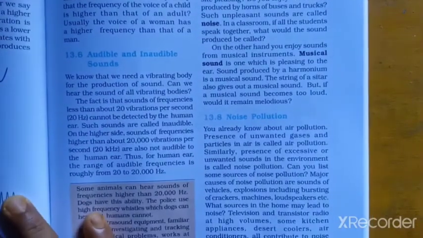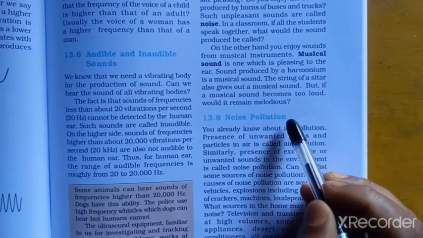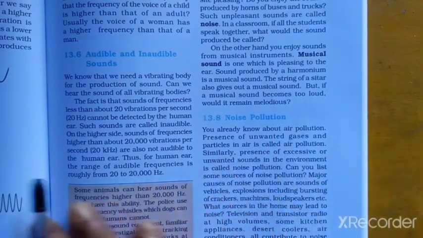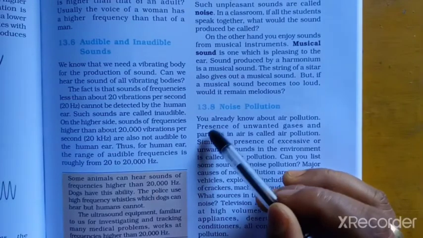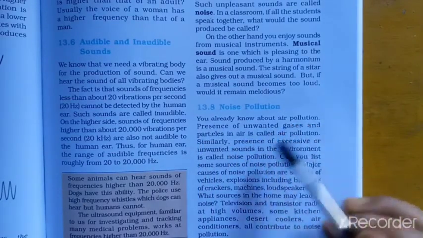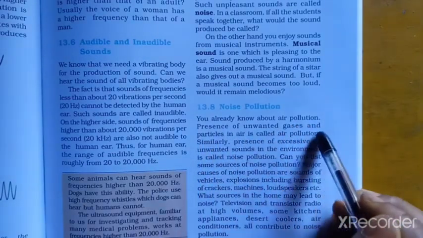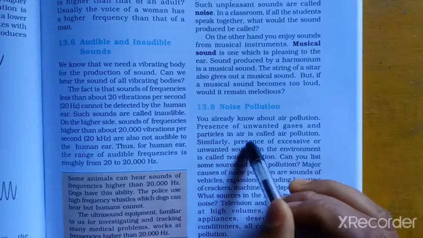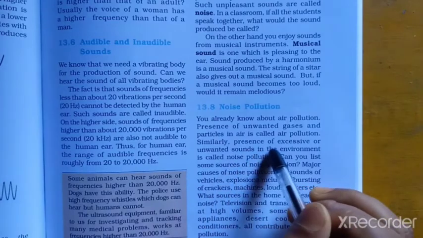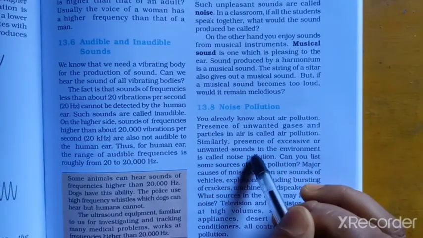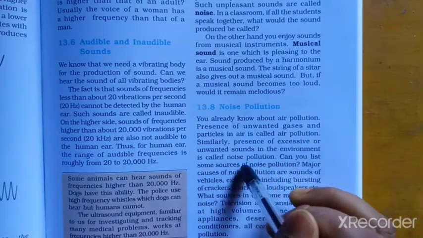So here let's see noise pollution. You already know about air pollution. Presence of unwanted gases and particles in air is called air pollution. Similarly, presence of excessive or unwanted sounds in the environment is called noise pollution.